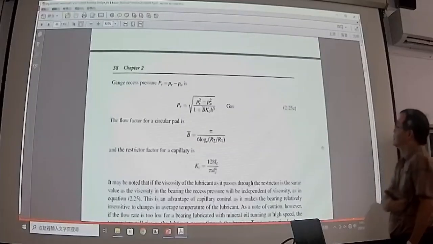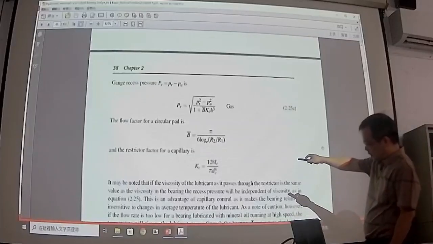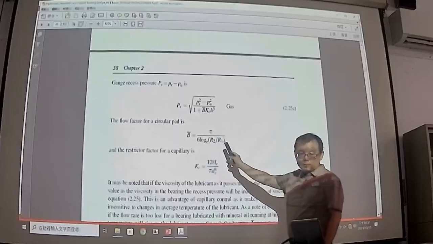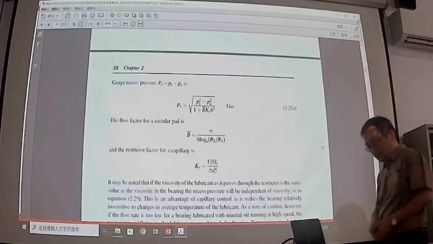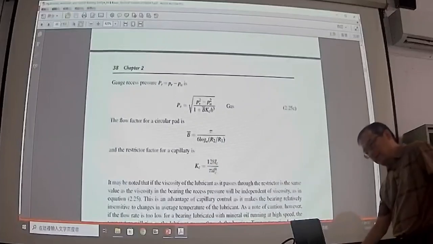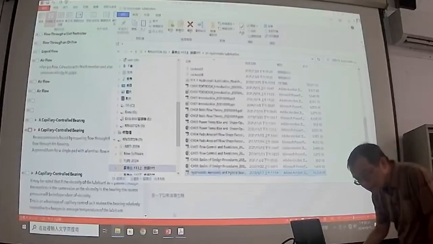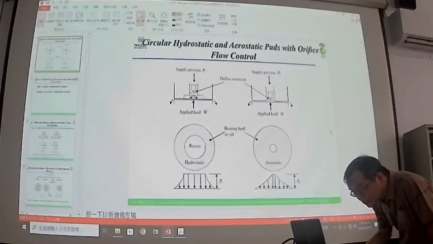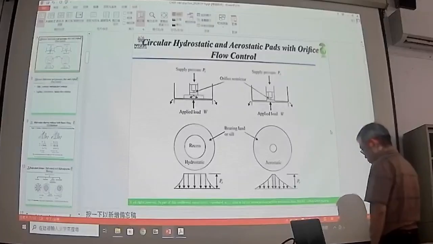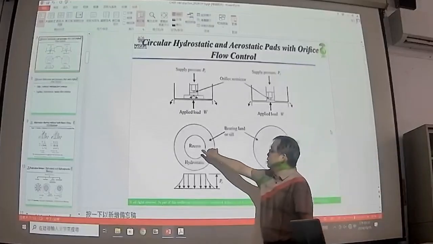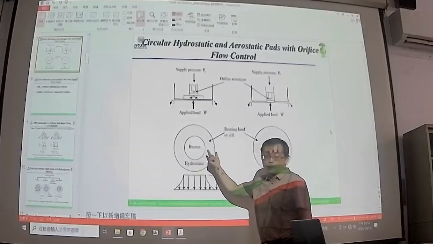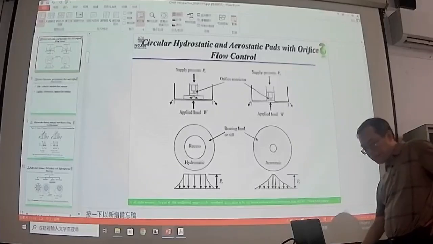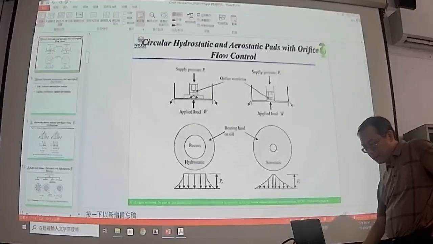Okay. And R2 is the outer radius for the circular bearing. R1 is the inner radius for the circular bearing. You can have a look at it from previous chapter 1. Okay. So this one is R2 and this one is R1.